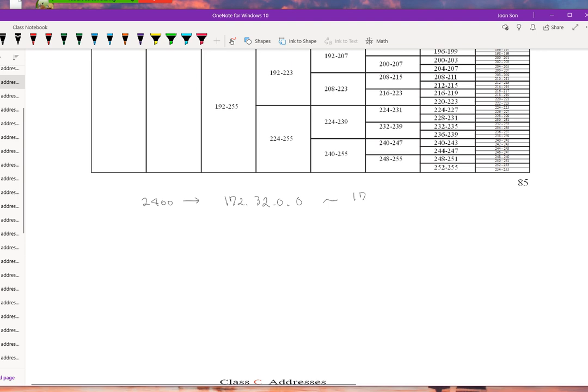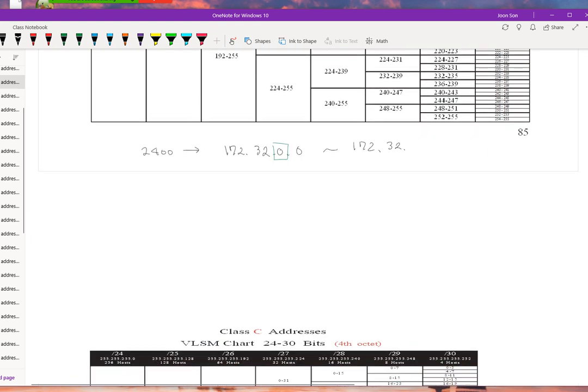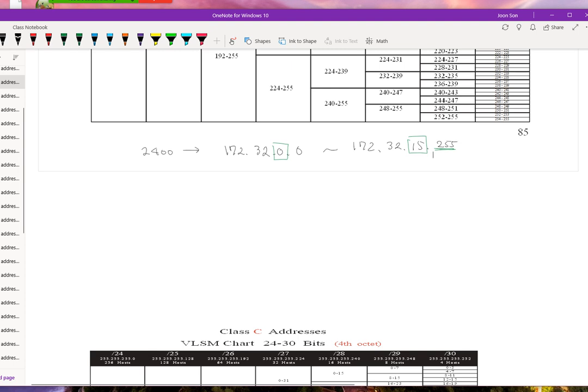By the way, this is Class B, so 172.32.15, and then not 0, it should be 255. Be careful, this is Class B. Okay, so I'm done with the first one.